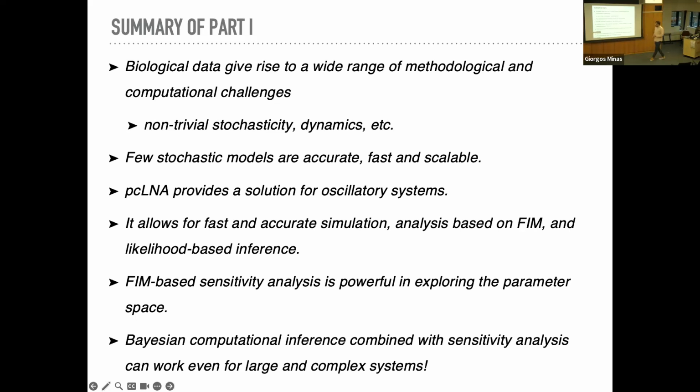Yeah, and then in terms of inference, I think one key thing is, first of all, this model gives you a chance to do inference, whereas with other models it's very hard, essentially impossible for large systems, maybe very hard for smaller systems. And the other thing is that the Fisher information matrix analysis kind of rings a bell.